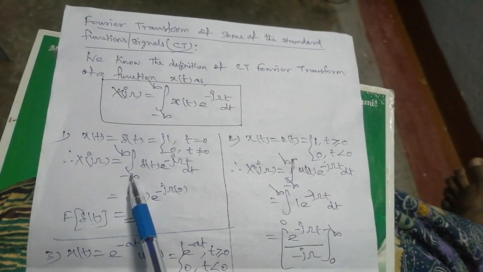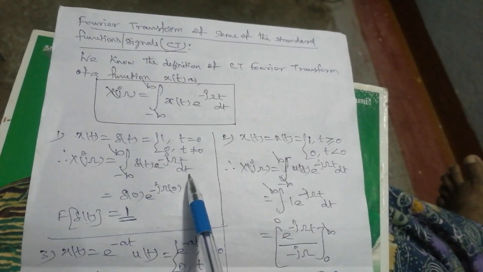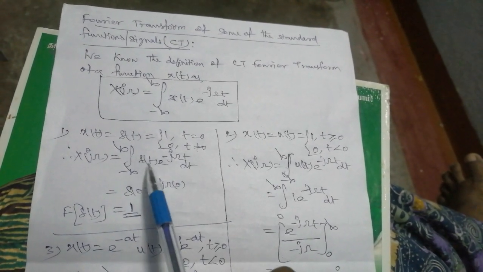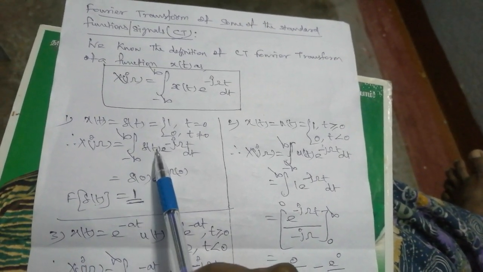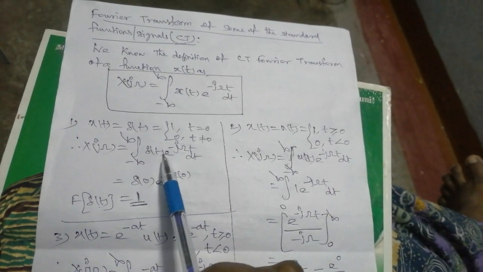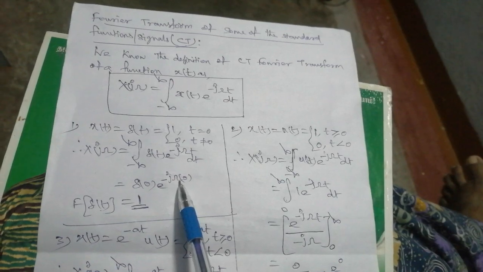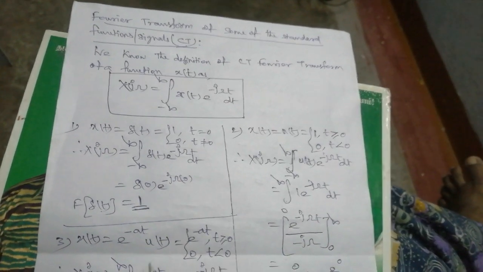Even though all values of t from minus infinity to plus infinity are to be assumed, only at t equal to 0 does delta of t exist. That's why we substituted only t as 0. So it becomes delta of 0 into e power minus j omega into 0.